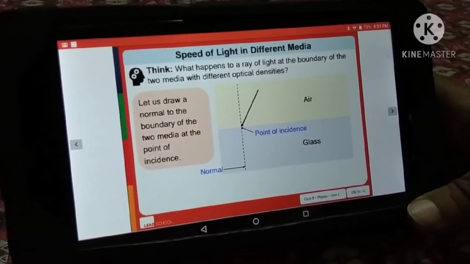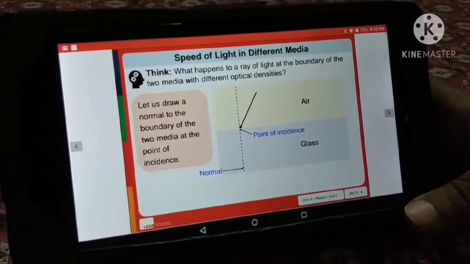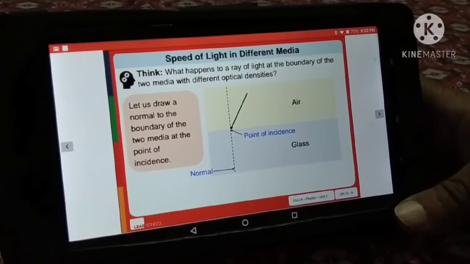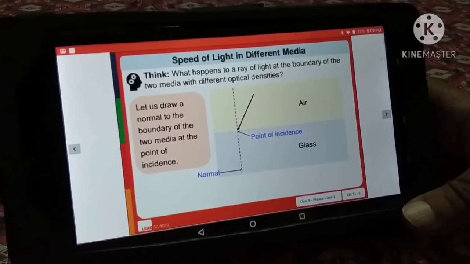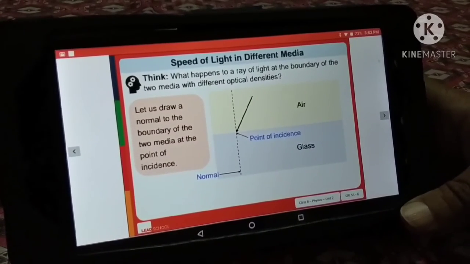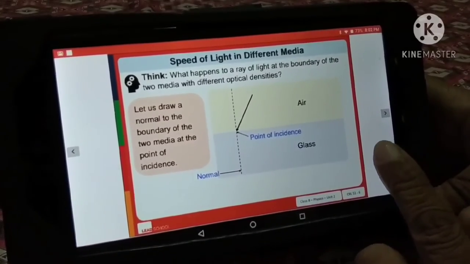So think what happens to a ray of light at the boundary of the two media with different optical densities. So let us draw a normal to the boundary of the two media at the point of incidence, like it has been done in this diagram.